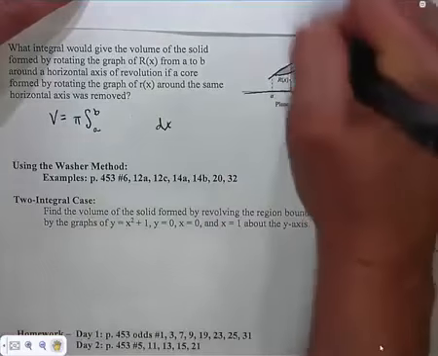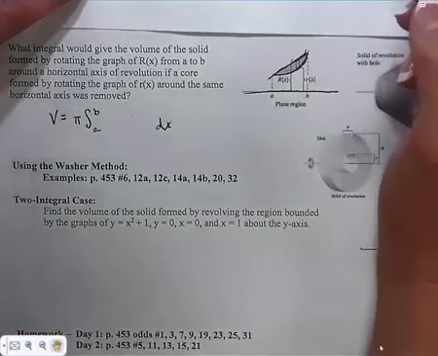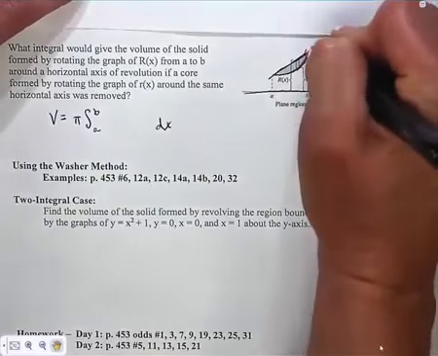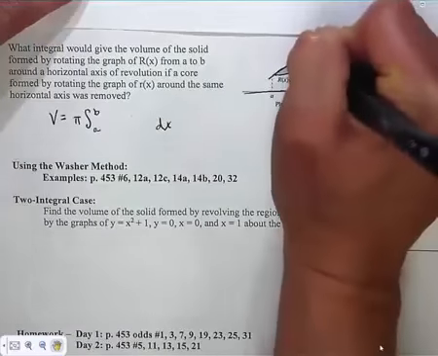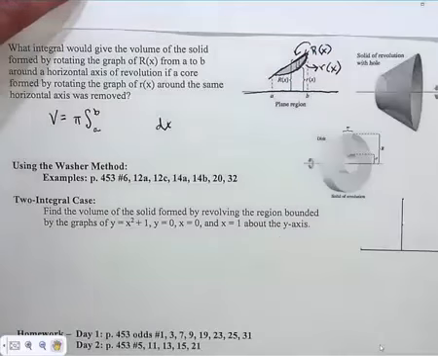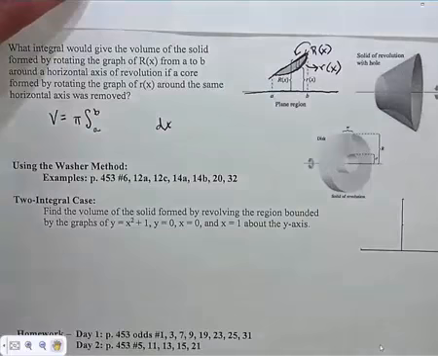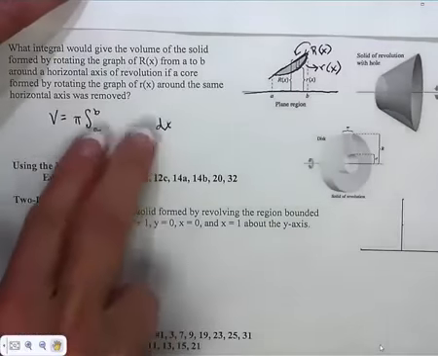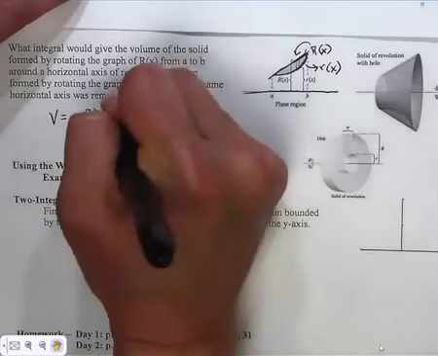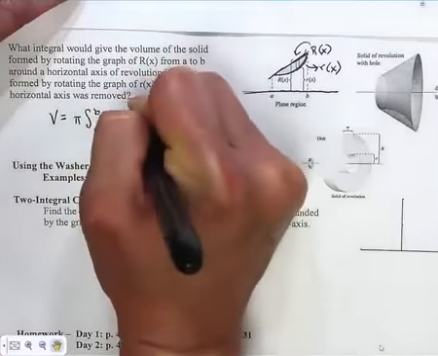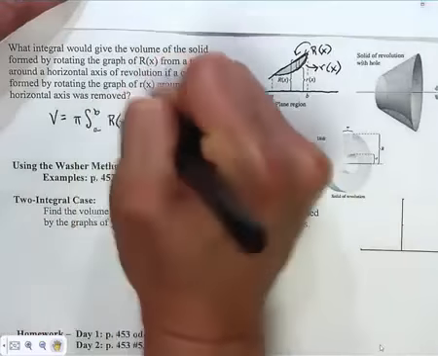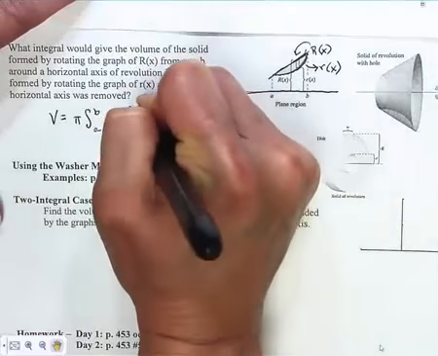This one's capital R of x, the linear one. Little r of x is going to be what's boring out the center. So what am I going to have to integrate? The outer radius squared minus the inner radius squared.